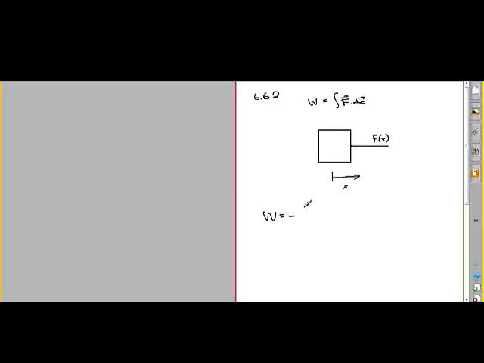So the work is equal to negative the integral from 0 to 6.9 meters. And the force that I'm applying, well, actually it shows in the given f sub x is negative, so we don't actually need a negative sign.